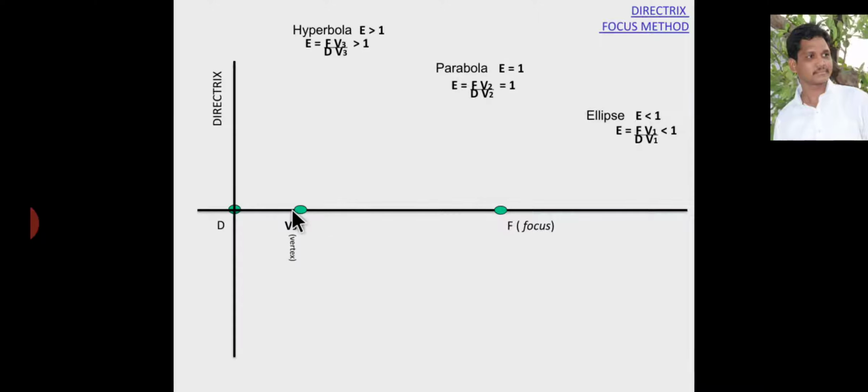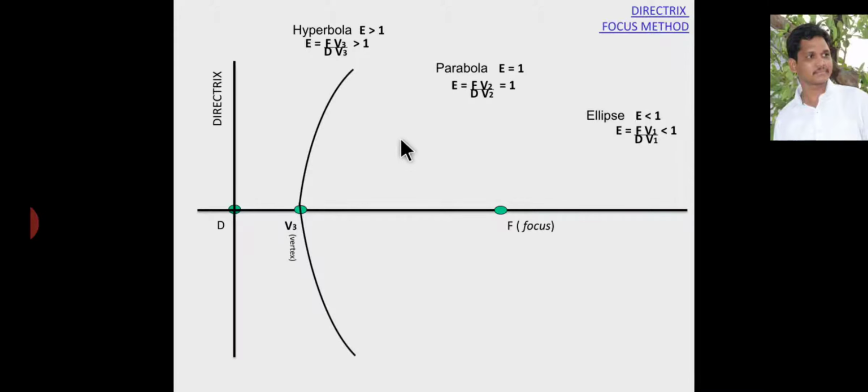In this case, the distance between V3 and F is greater than the distance DV3. Therefore, the eccentricity value E is greater than 1. In case of hyperbola, the eccentricity is greater than 1 because the distance V3F is greater than DV3.